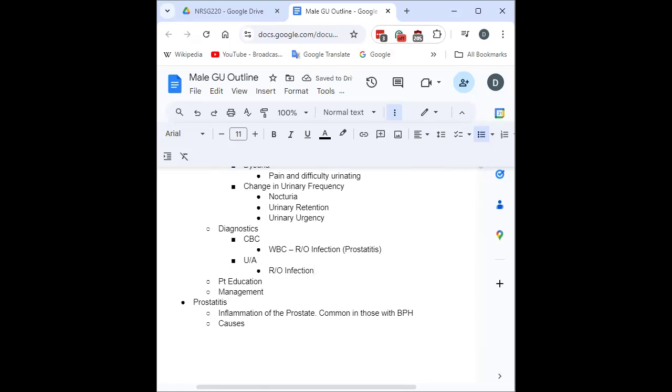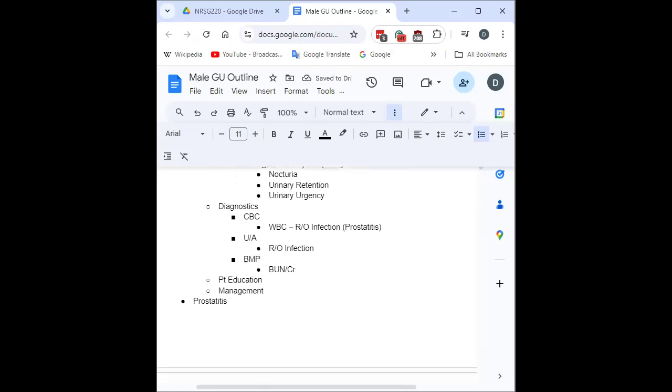Let's mention BUN and creatinine, which would be in a BMP. A digital rectal exam is something you can do as well. With BUN and creatinine, if you're going to have issues with all this stuff, you can check to see if there's urinary retention.